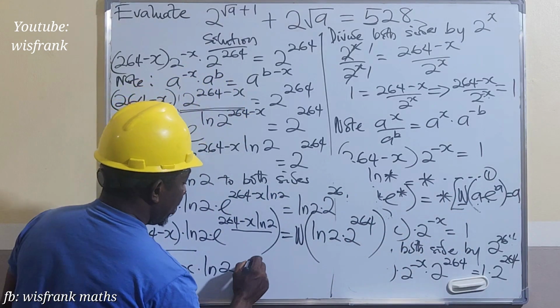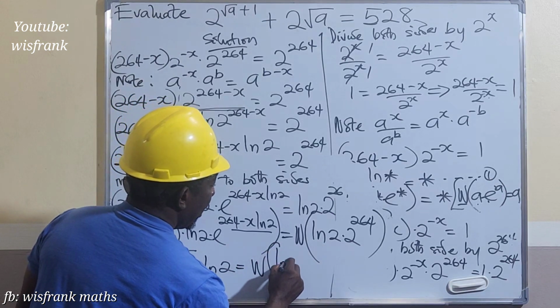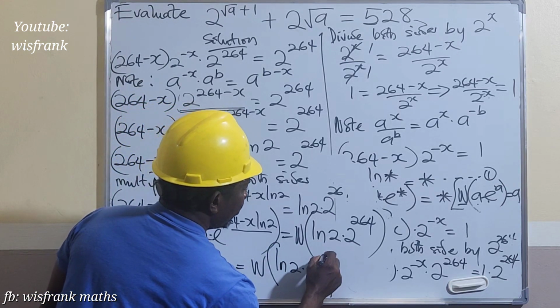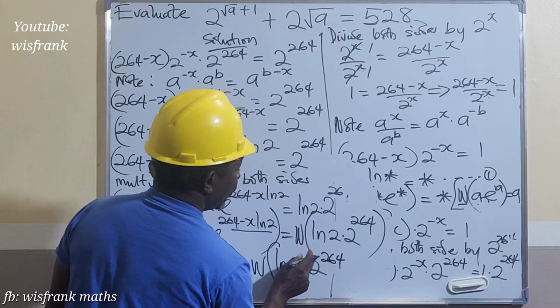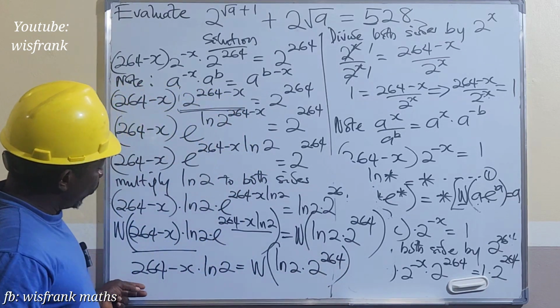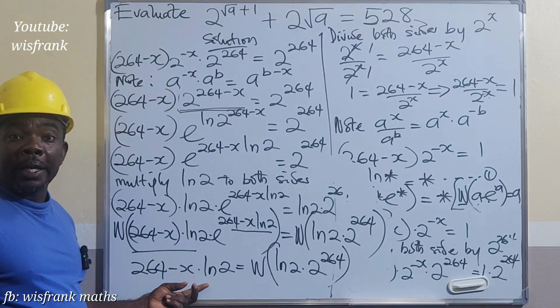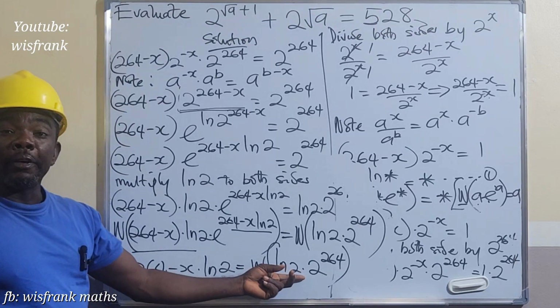So this one still remains the Lambert W function of ln 2 times 2 to the power of 264. We have been able to evaluate the left hand side, so it now remains the right hand side.